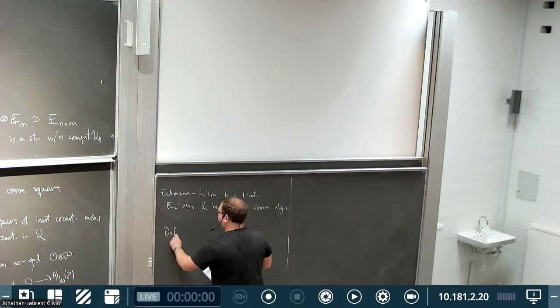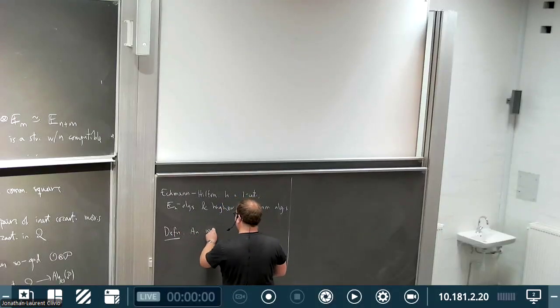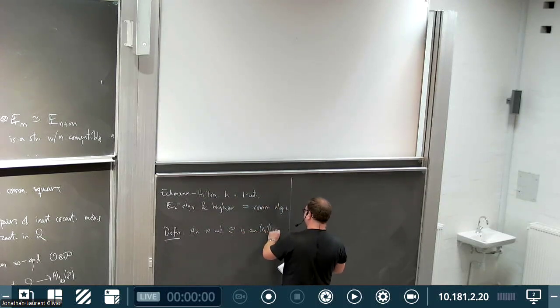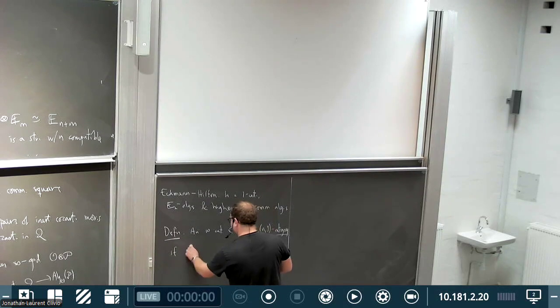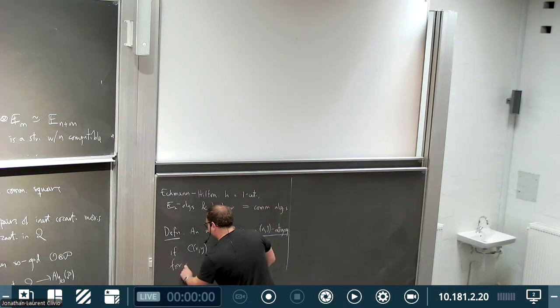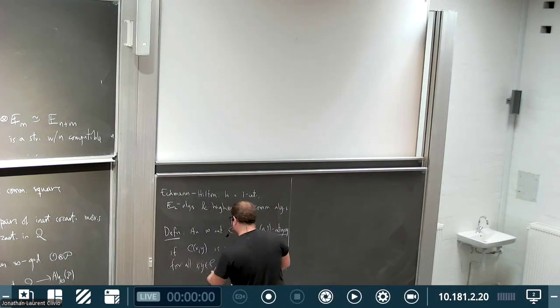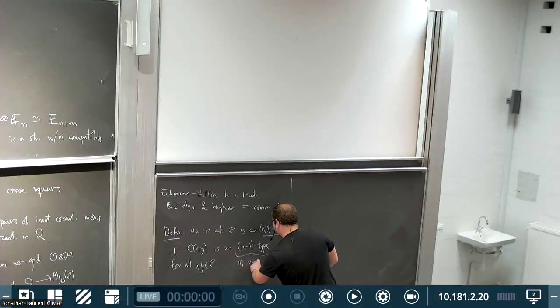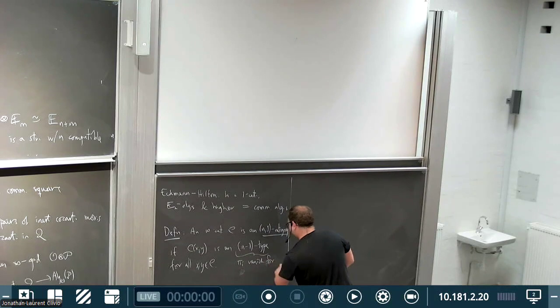So an infinity category C is an (n,1)-category if all of the mapping spaces C(X,Y) are (n-1)-types for all objects X and Y, where (n-1)-type means that all the homotopy groups vanish in dimensions i greater than n-1.